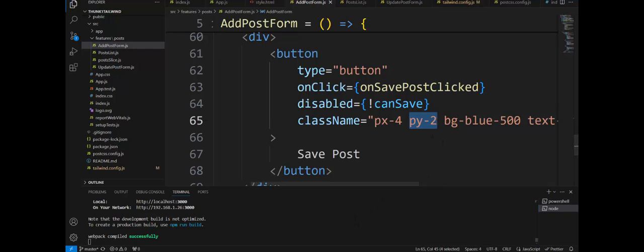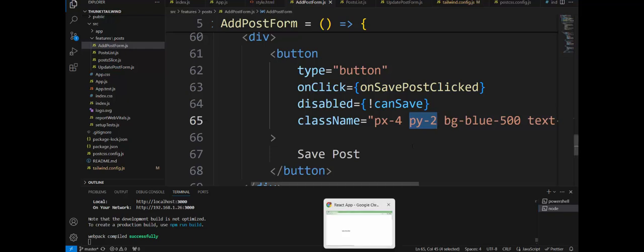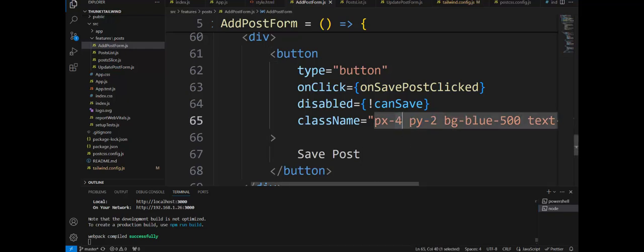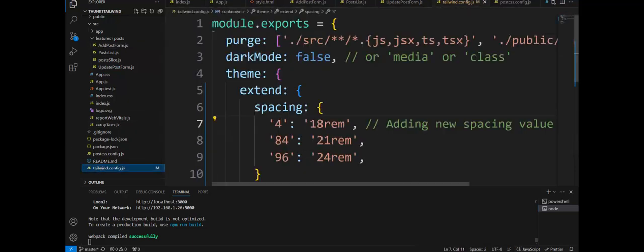But now 4 means 1 rem, and now I give 4 18 rem, and it is not adding.